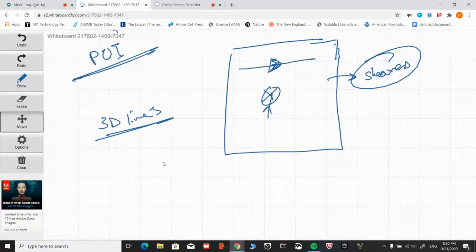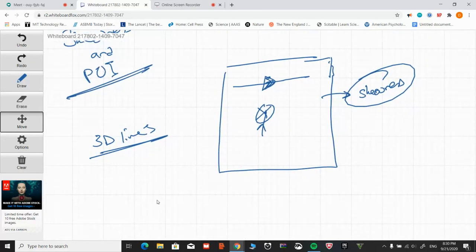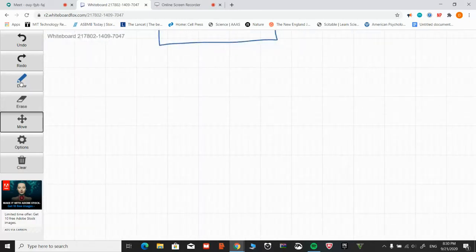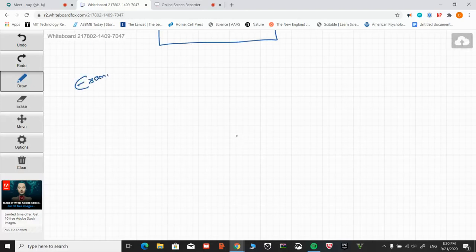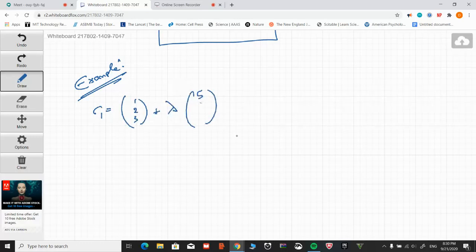Okay, so what is this idea about skewness and point of intersection? Let's say we have an example. R1 equals (1, 2, 3) plus lambda times (5, 6, 7), and R2 is again (8, 9, 10) plus mu times (0, 1, 5).